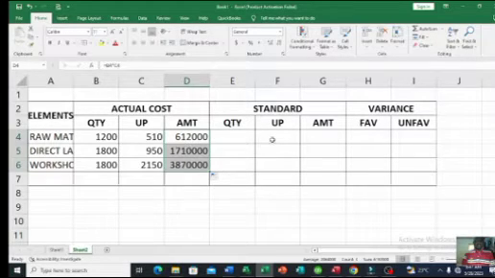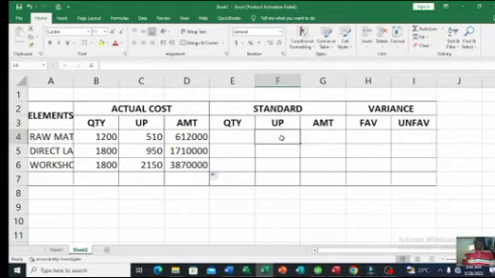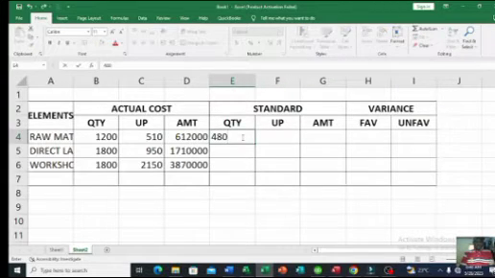And now for the standard, we are flexing this side, so we take the 480 units produced and compare as if to say that's what we actually budgeted for the period. We multiply the first case of 2K per unit times 2.